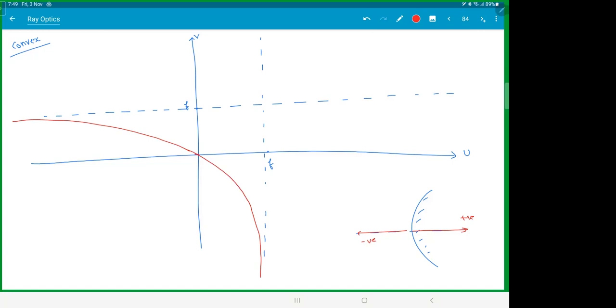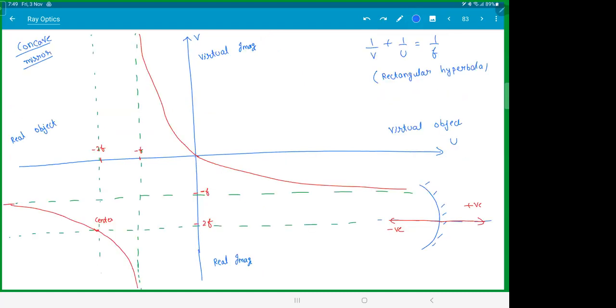Then you go like this. Then you go like this. This is simpler to draw actually. There's not much to think about, because as long as the object is on the left hand side, it is virtual. Once you cross the focus on the right side, it becomes like this. This is a graph for convex.